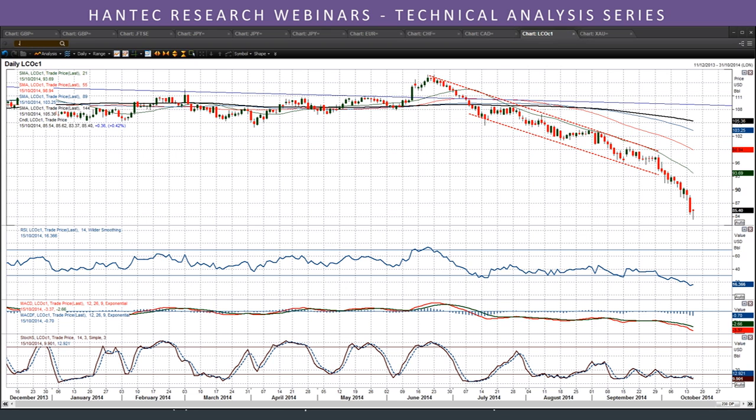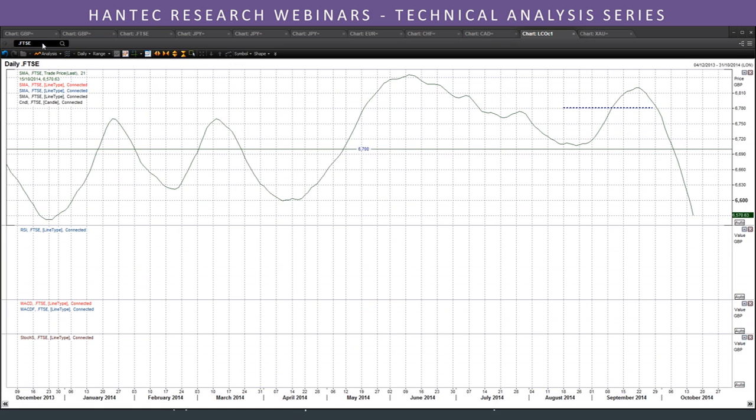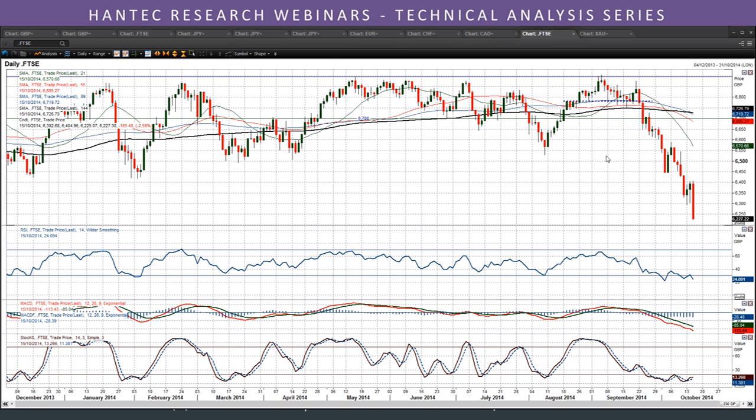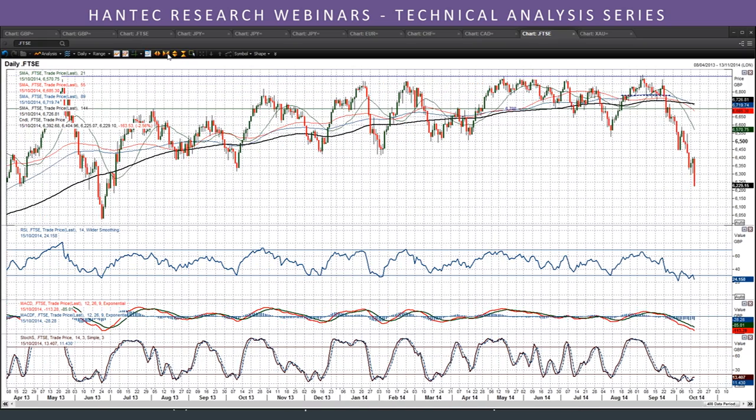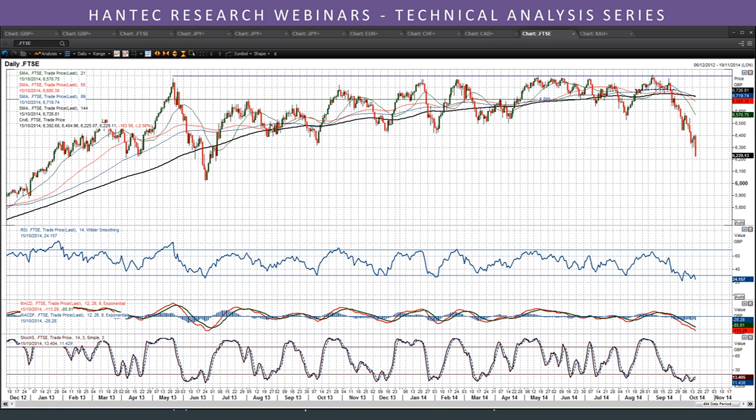Okay, so let's go back to FTSE. Wow, that's such a big move to the downside. FTSE did not like the retail sales number from the States. Oh dear. I mean, FTSE has been trading sideways for, what, 18 months?